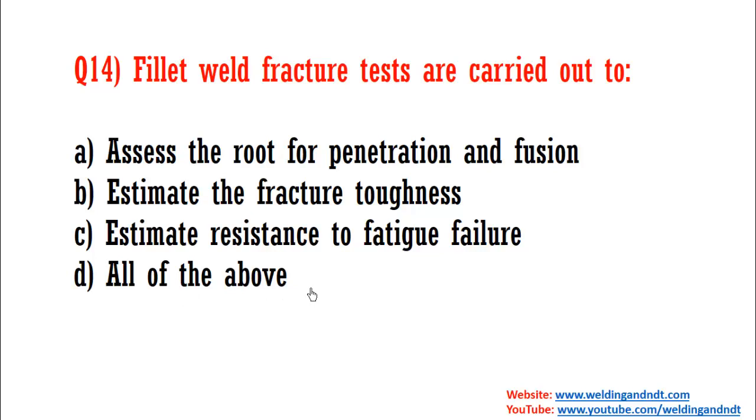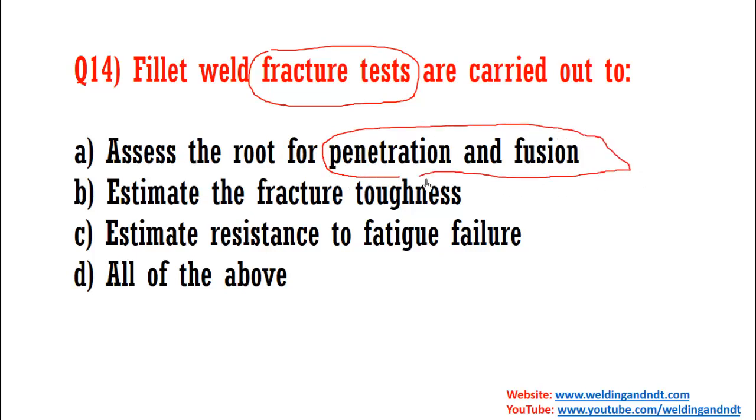Okay friends. The reason we carry out the fracture test is to see that the welder has the ability to achieve complete penetration of welding and complete fusion. See, this is done on a welder qualification test coupon. When a welder takes his test in fillet weld, we do the fracture test and see whether the welder has penetrated the weld metal and fused the base metal or not.